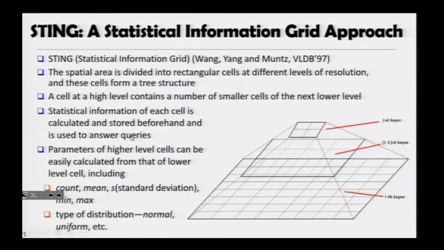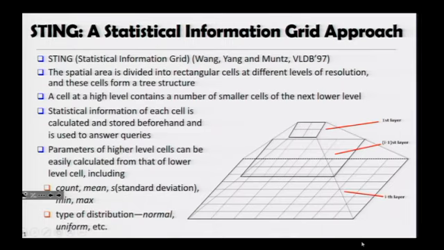So the core idea of the STING algorithm is that the statistical information you use to calculate the clusters can be stored beforehand and used to answer queries later. Parameters of the higher-level cells can be easily calculated from those of the lower-level cells.